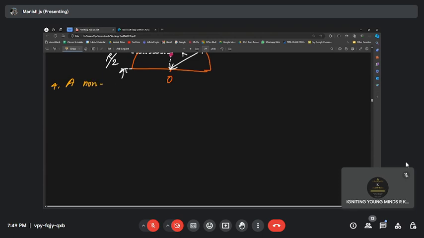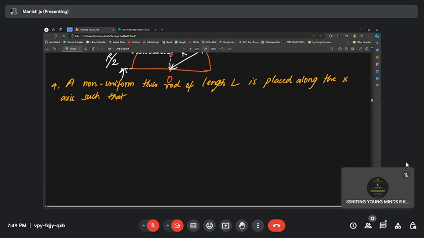A non-uniform thin rod of length L is placed along the x-axis such that one of its ends is at the origin.